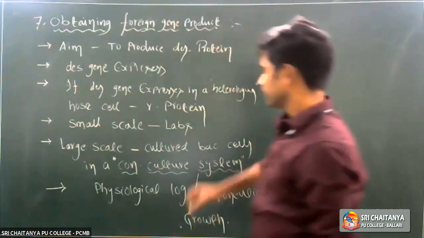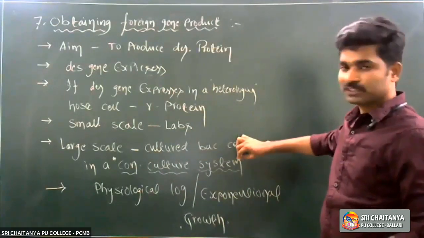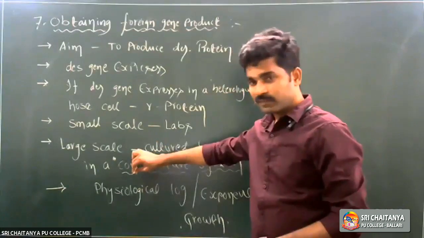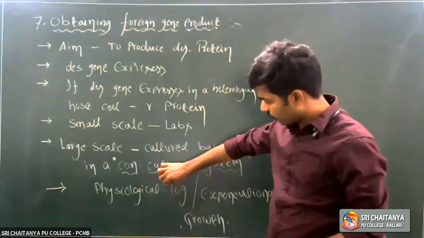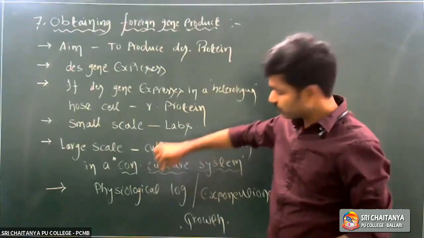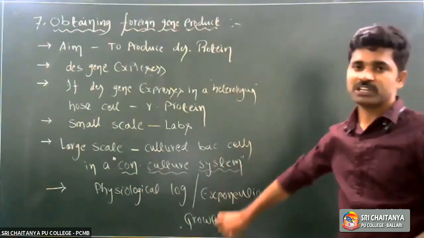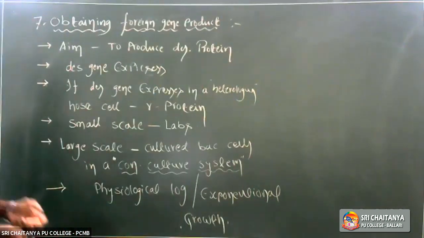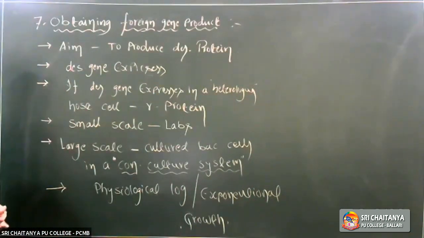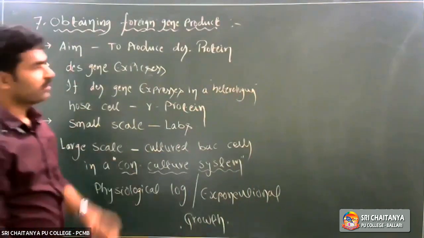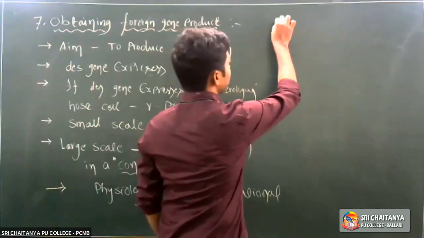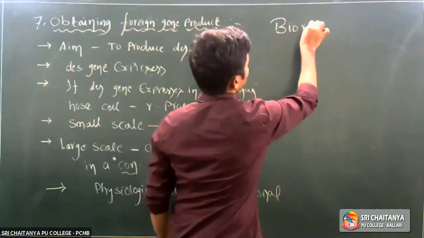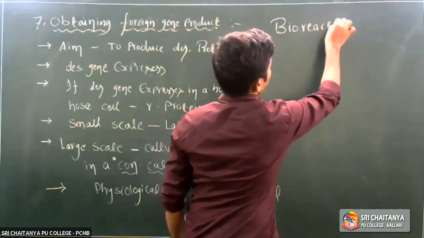So don't confuse. The continuous culture system provides the cells with physiologically active log or exponential growth. For culturing bacterial cells in large quantity, we use large vessel-like metal containers. We call them bioreactors.